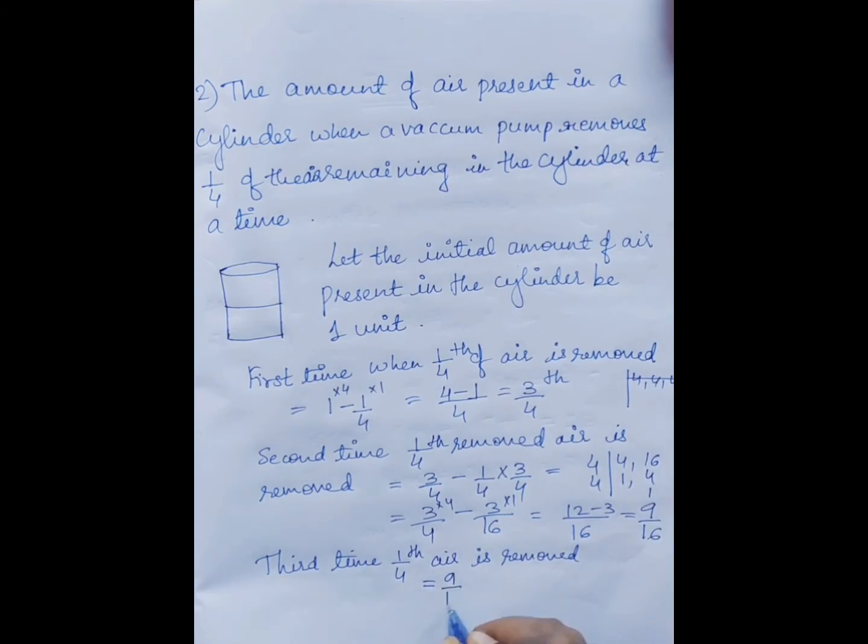Okay, from 9/16 you are going to remove what? Again 1/4. So 1/4 into 9/16. Okay, so how are you going to calculate this? 9 1s are 9. See, 9/16 as it is. So 9/16 I am going to write minus 9 1s are 9. 16 4s is 64.